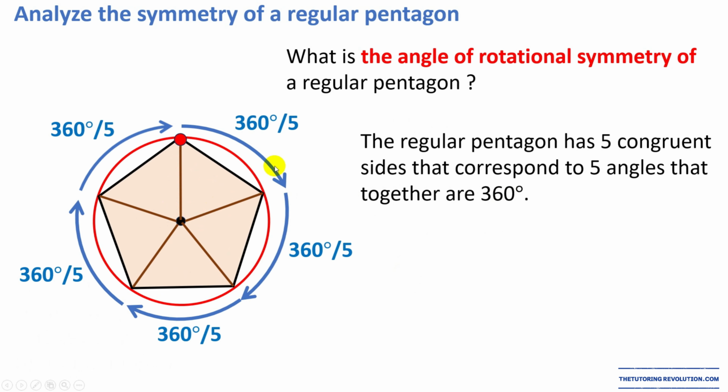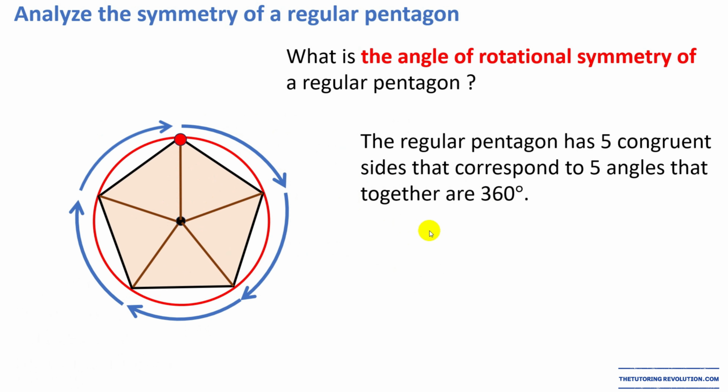So each angle is going to be 360 divided by 5, which is 72 degrees. So this regular pentagon, after it rotates 72 degrees, will look exactly the same as the original one. Therefore, that's the angle of rotational symmetry for this regular pentagon.